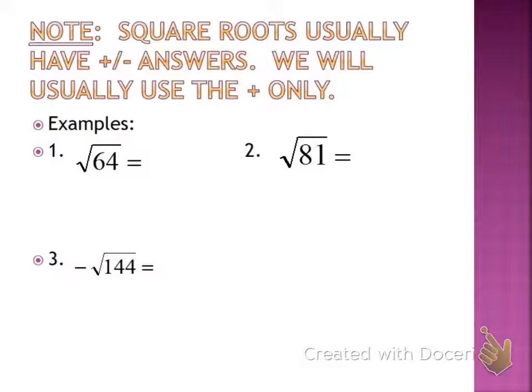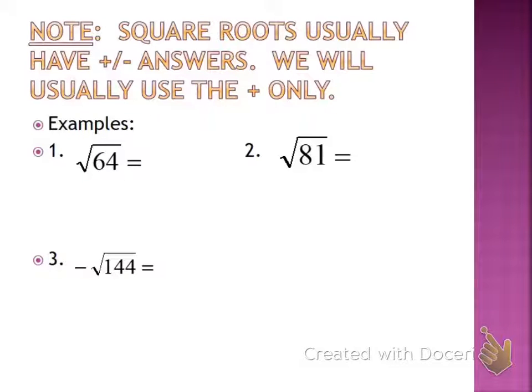Otherwise, we're just going to focus on the positive answers. All right, the examples on this particular slide should be quick and easy examples to complete, because these numbers are all perfect squares. If they are perfect squares, you do not have to show a factor tree like we will on other numbers. We can go straight to the answer.